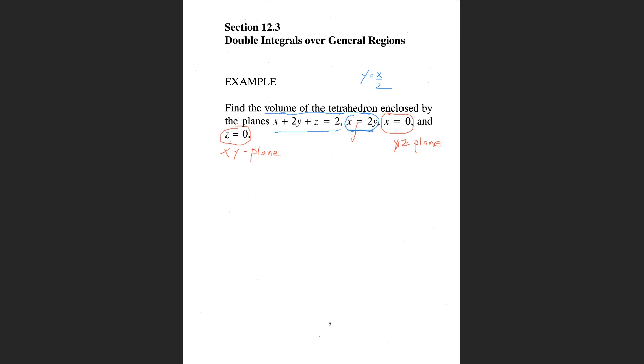And then this plane here can be written as z equals 2 minus x minus 2y, right?